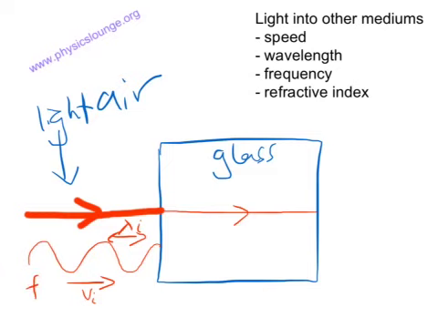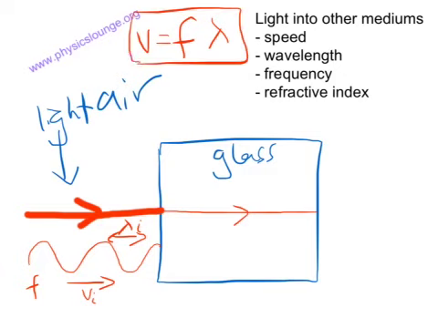Remember, they are linked. I'm not sure if we've covered it yet, but I'll mention it briefly. We've got the wave equation v equals f lambda, which links the speed of the wave, because it doesn't just apply to light waves, it could be water waves as well.